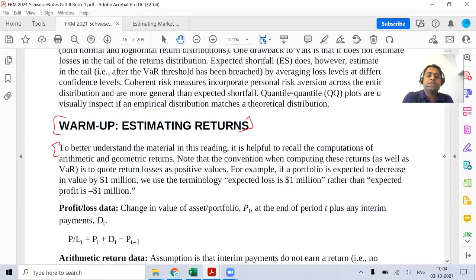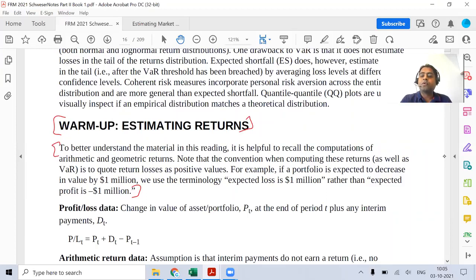If we read this first paragraph, this is again a repeat from Level 1. What they want to highlight in this paragraph explicitly is that whenever we talk about VAR, or these risk measures, our general discussion is that we are talking about losses. When we address that, we address it in a particular way.